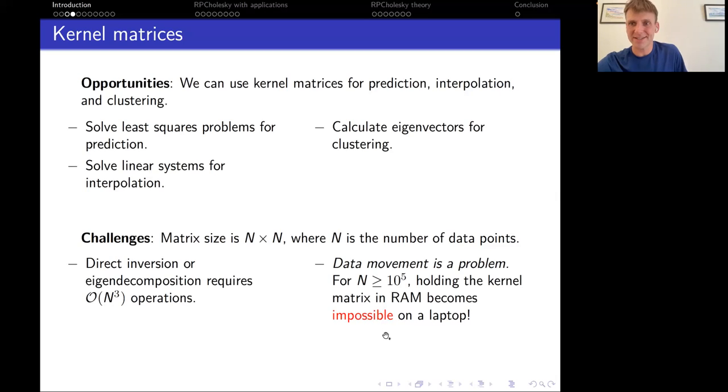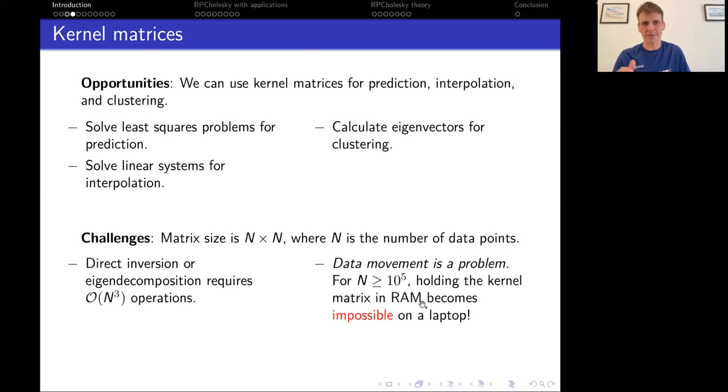Data movement is also really hard. With most of your computers, like I imagine a lot of folks have Apple computers or Windows computers, and maybe you've got, I don't know, 32 or 64 gigabytes of RAM. If you have a matrix that's 10 to the 5 by 10 to the 5, you might not be able to hold that matrix in your random access memory.